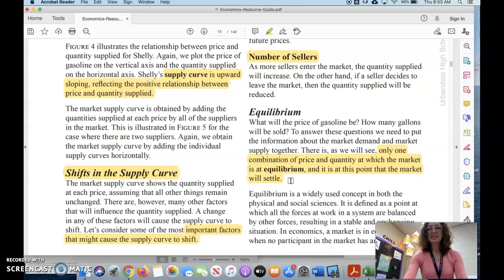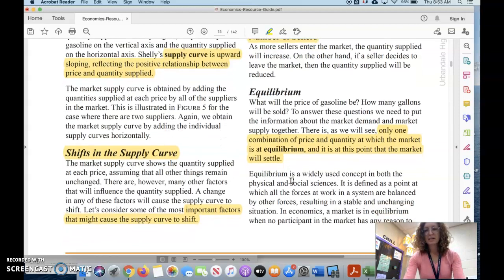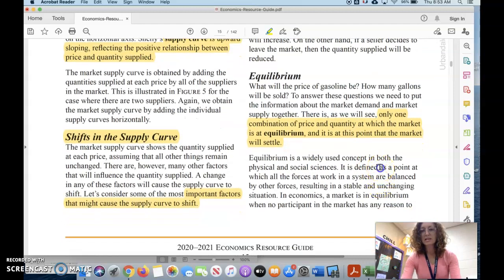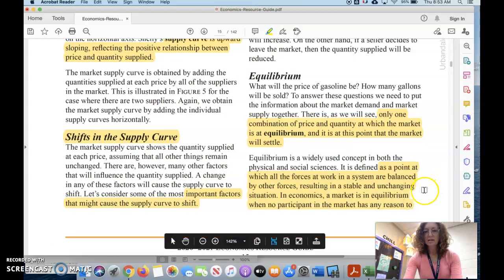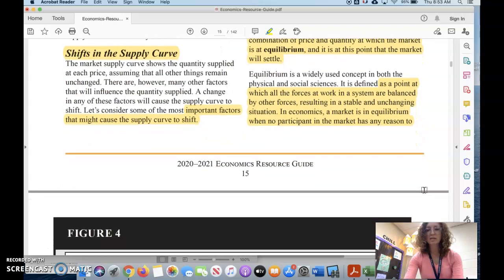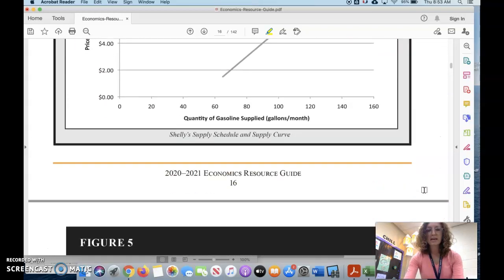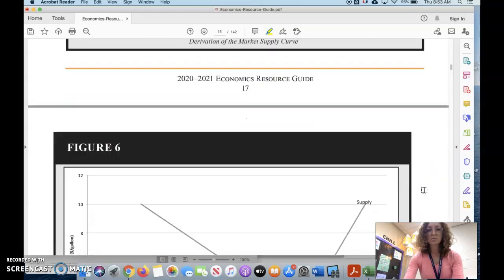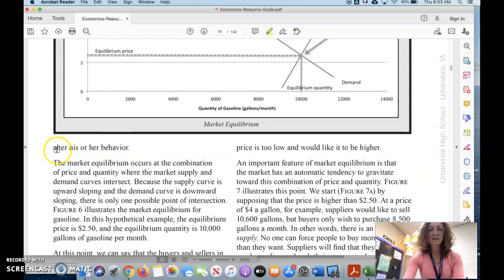So basically it's when everything matches up and gets us to a point where everything is balanced and the market is stable. So in economics, a market is in equilibrium when no participant in the market, that's a buyer or a seller, has any reason to alter his or her behavior.